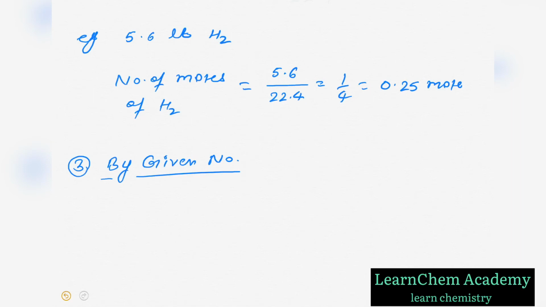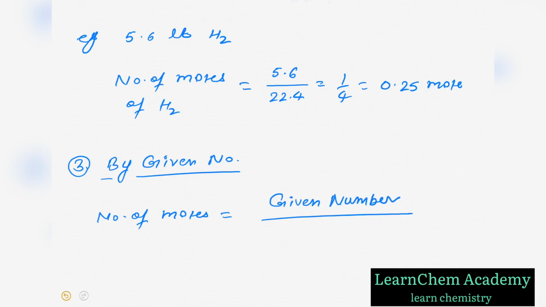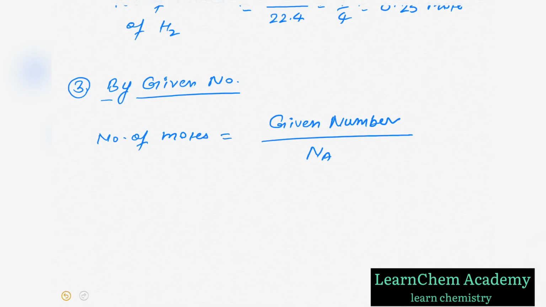Okay, so number of moles is equals to given number, and that given number divided by Avogadro number or Na, which is equals to 6.022 into 10 raised to power 23.